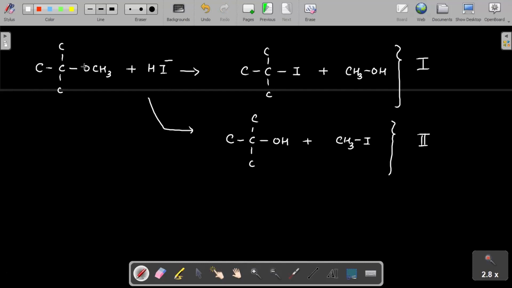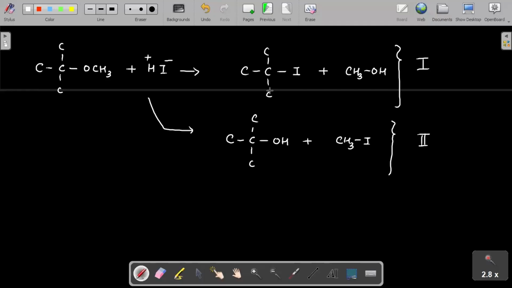This is on the oxygen, hydrogen. The reaction will end up with reaction type 1. We will not get the second possibility. We will get the first possible products.